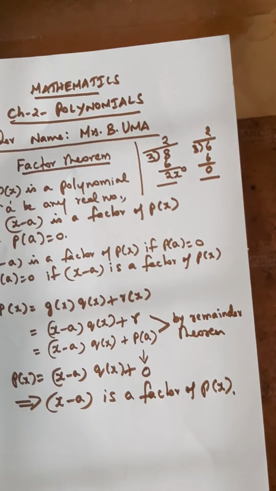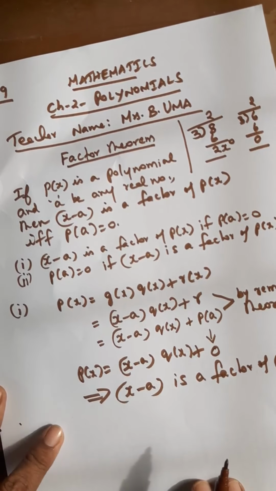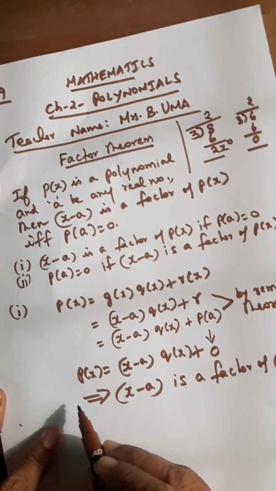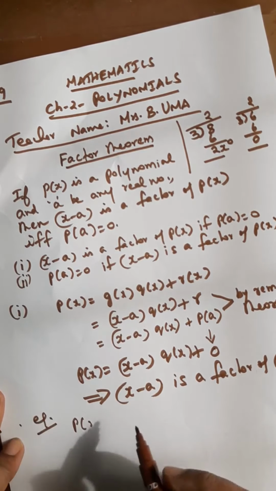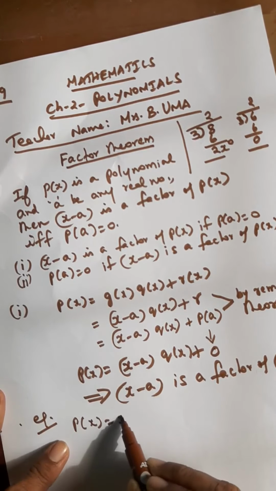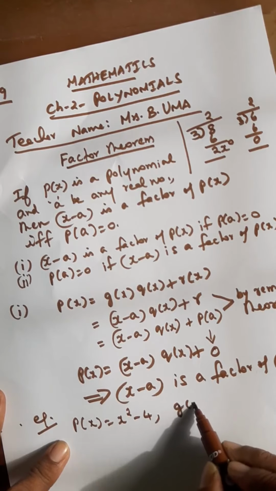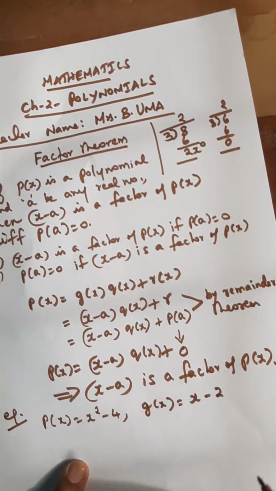Now we will see one numerical example for this. Let me take P of x, for P of x, let me take, this is example, x squared minus 4. And for g of x, let me take a linear polynomial x minus 2.